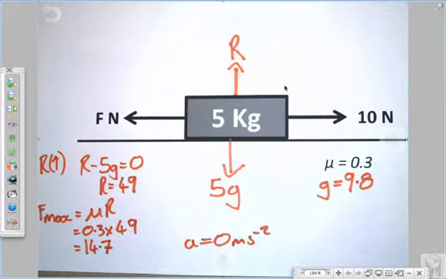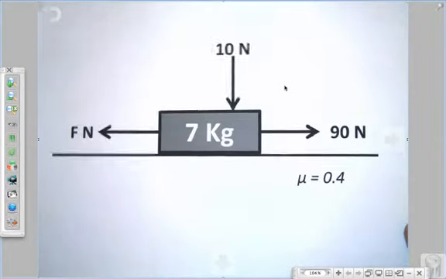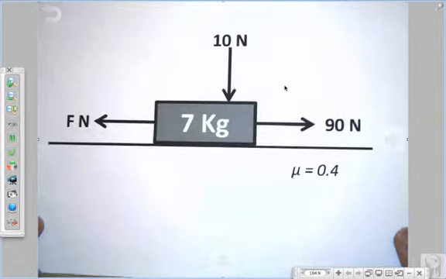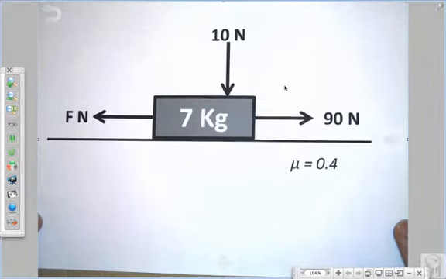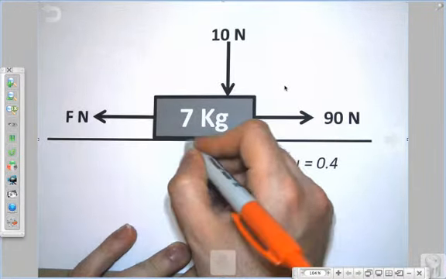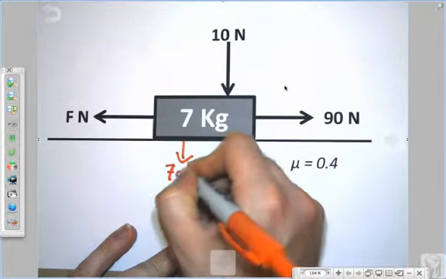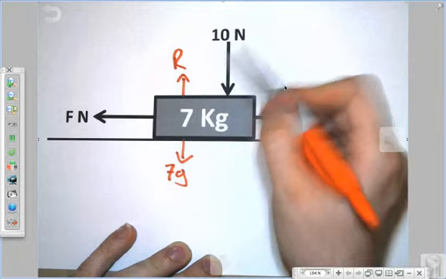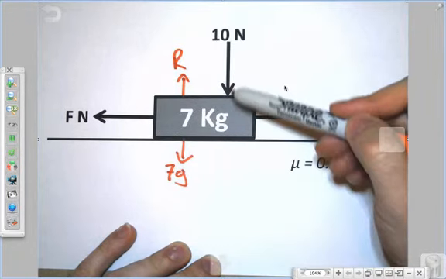Now if we look at this second example, we have a similar situation. Now there's a couple of bits to point out on this. First of all, we need our 7g and our R. We also have this extra force which is pushing down on our object.